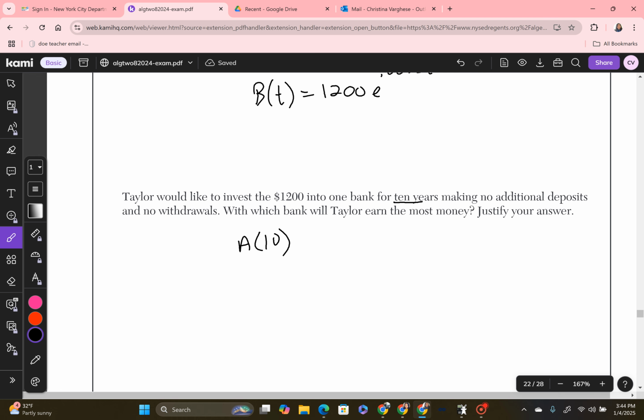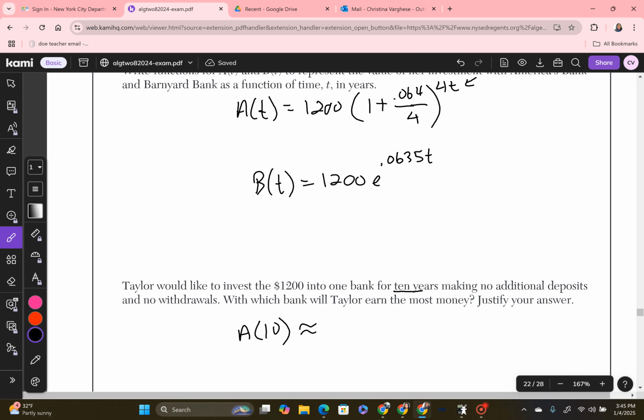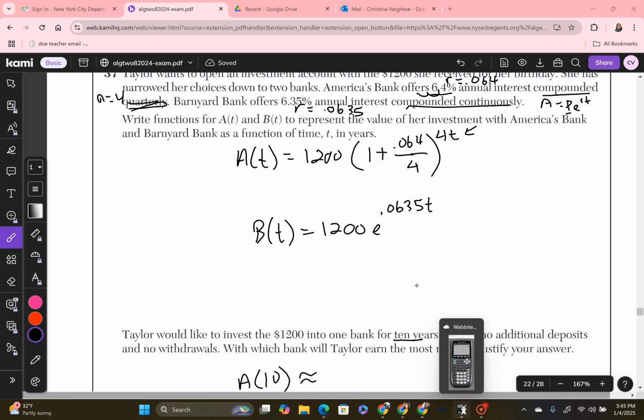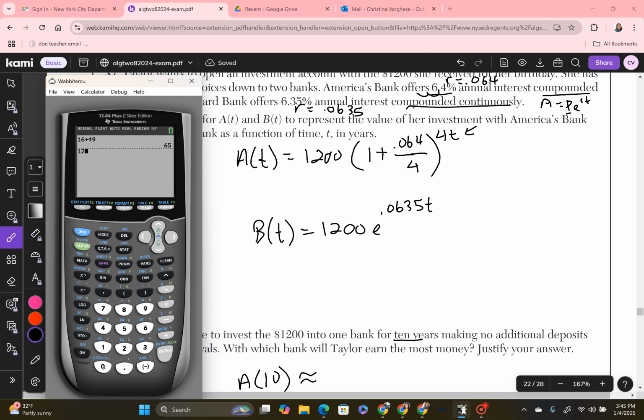So that's just a calculator question. When you plug that into the calculator, you're going to get, and this is not exactly, but let's do it. I know we've done this enough that I probably don't need to show it to you, but I'll show it to you anyway. So 1200 parentheses 1 plus, and then alpha y equals, to get our fraction, so 0.064.